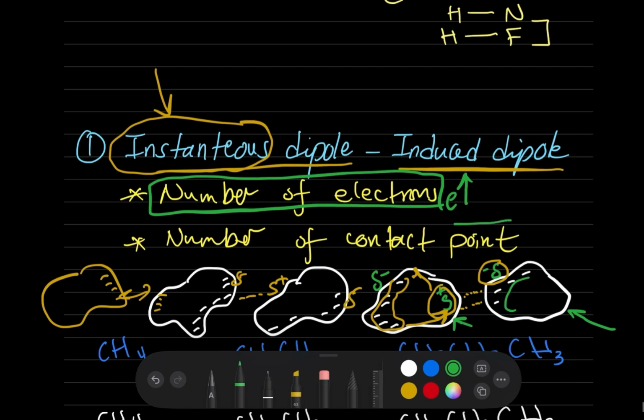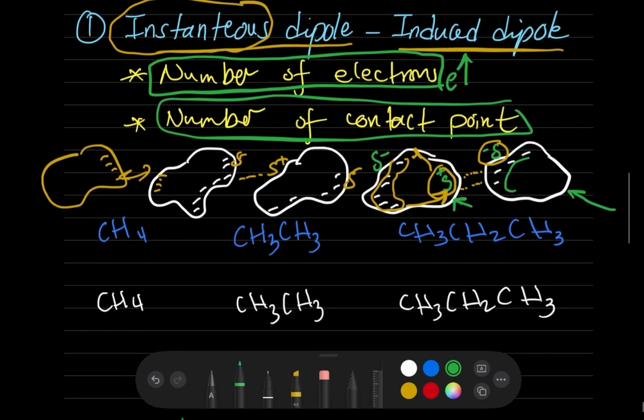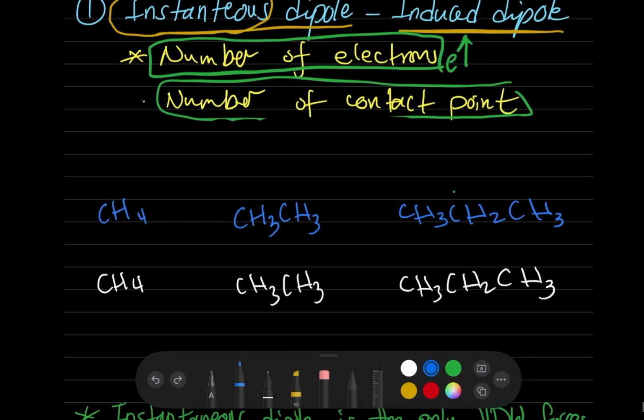In addition to that, it depends on the number of contact points. Let's take that in a clearer way. Okay, look at these molecules. First of all, if you look at the CH4 molecule and count the number of electrons, carbon has 6 electrons, and for the hydrogens, we have 4 electrons in this case. Here you have 6 electrons for carbon, plus 12 from hydrogens, and you have 18 electrons.